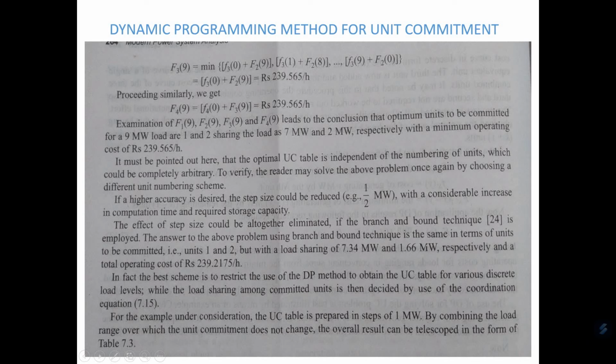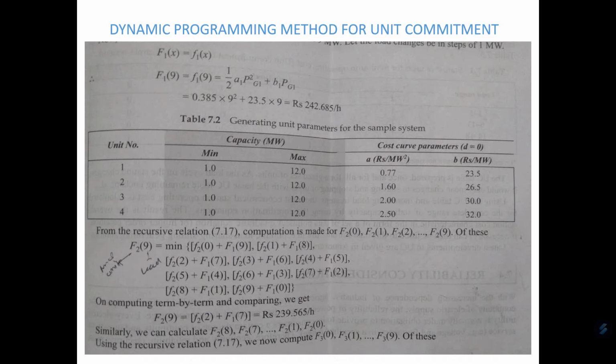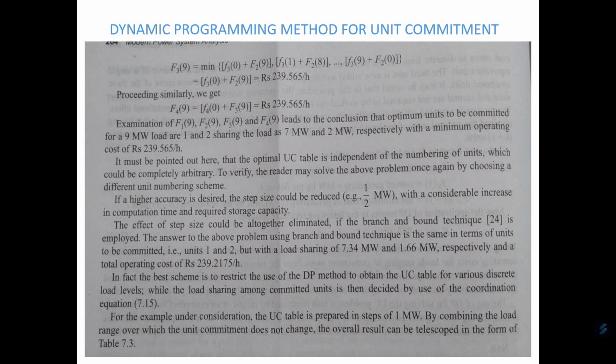So this is the optimum allocation. That is, if we have to share the load of 9 megawatt, unit number 2 will share the load of 2 megawatt, and unit number 1 will share the load of 7 megawatt. That is the optimum allocation or unit commitment.